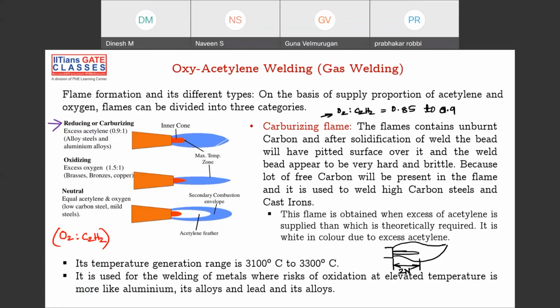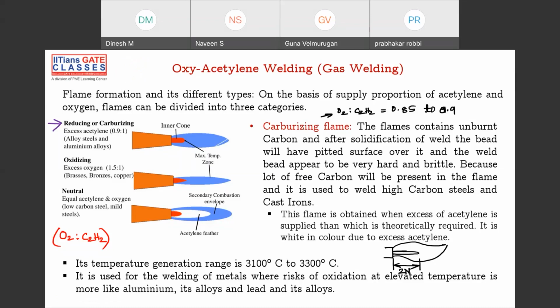Yes or no? Yes. So if there is some object which has low carbon, and then you are trying to use this reducing flame, then what happens is the rest of the carbon will be depositing onto it and forming some brittle layer. That is not good. We don't want that brittle layer because brittle materials fail easily under tension.